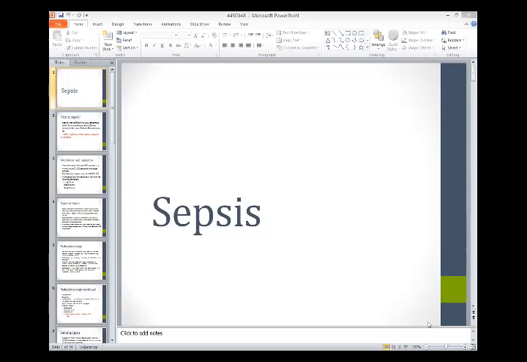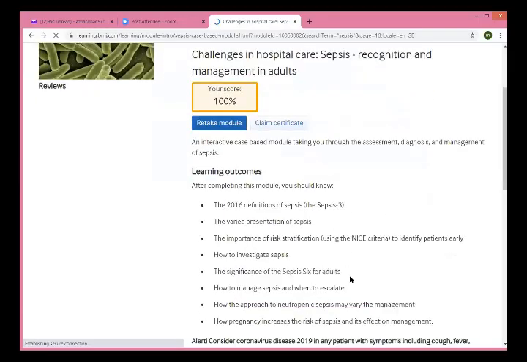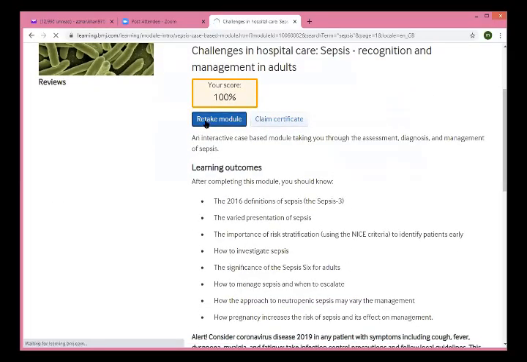Let's see whether we can go through the module first. Let me screen share so you know what I'm trying to do.